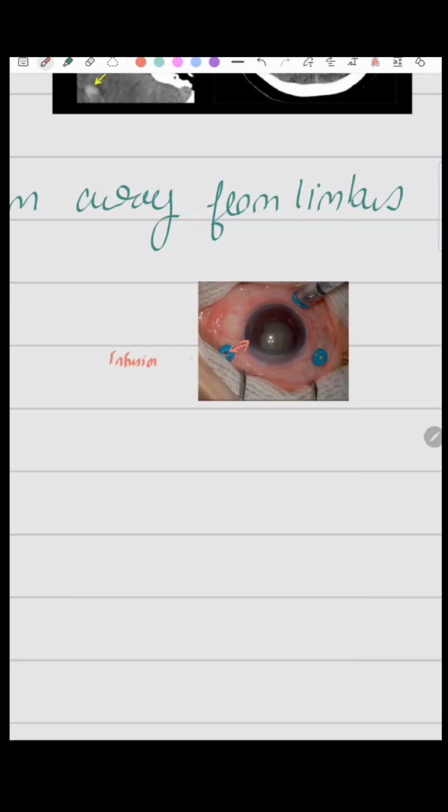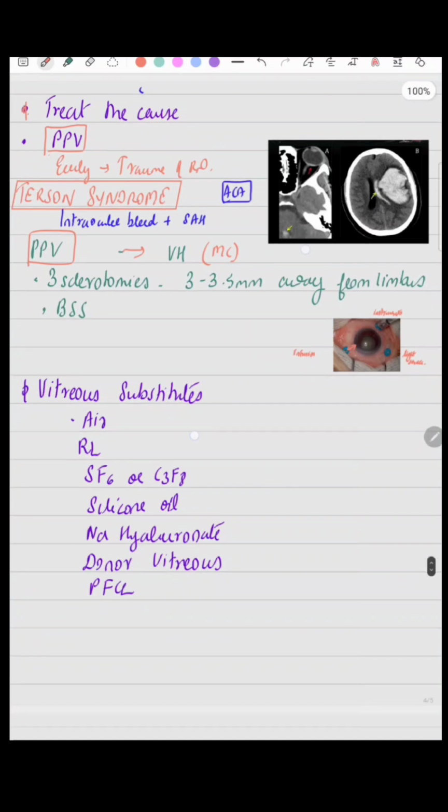One port is used for infusion of balanced salt solution. Another is used for a fiber optic light source to provide illumination. And one is for vitrectomy instruments, for suction and cutting of vitreous.